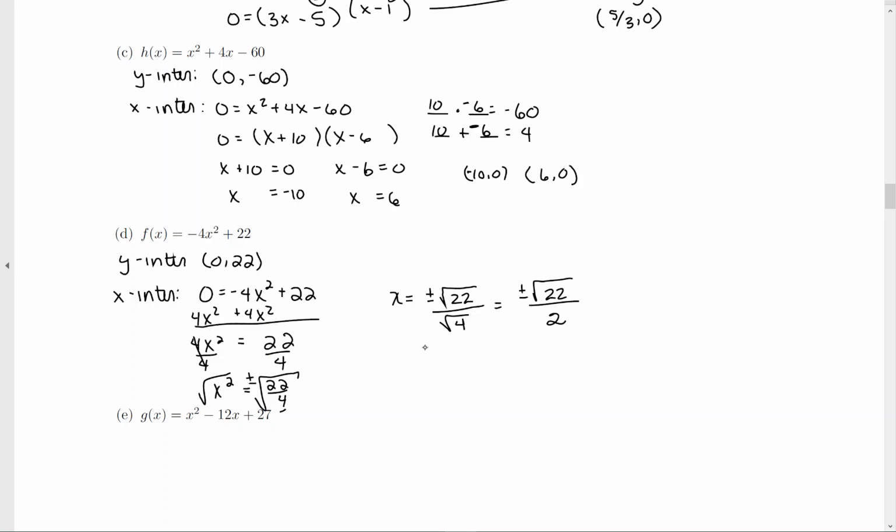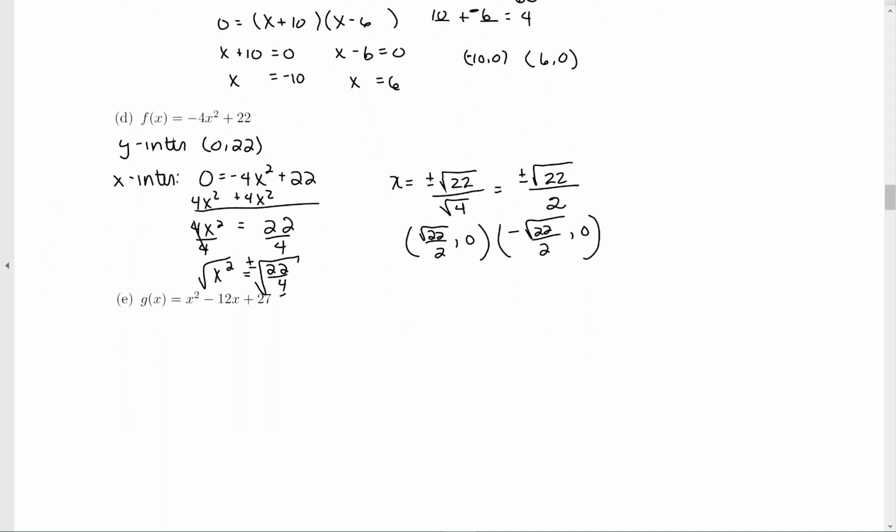And my two x-intercepts then would be at (positive square root 22 over 2, 0) and (negative square root 22 over 2, 0). I didn't need to go through that reverse FOIL method because there weren't three terms there.